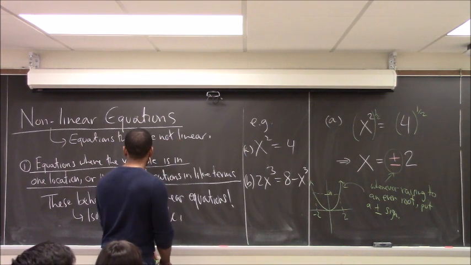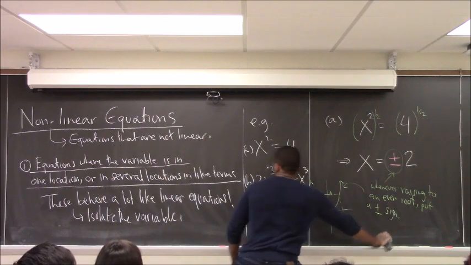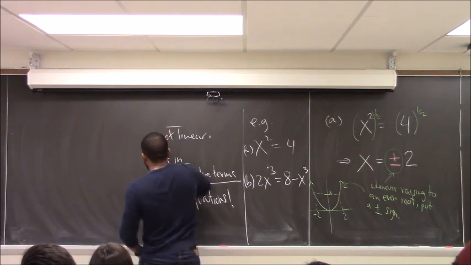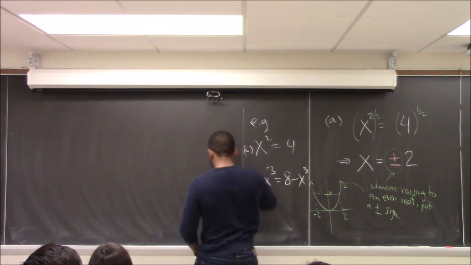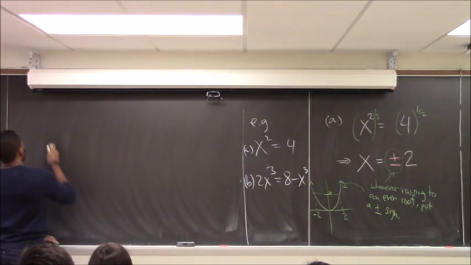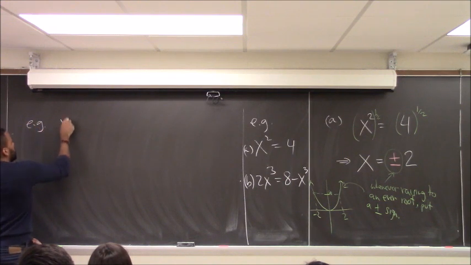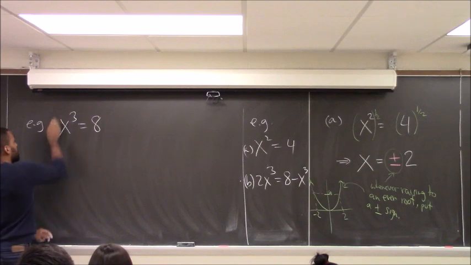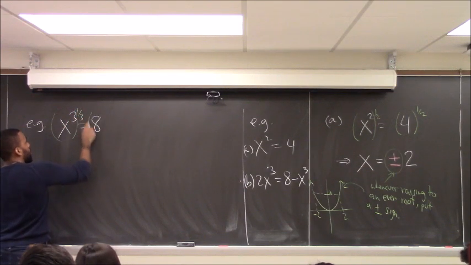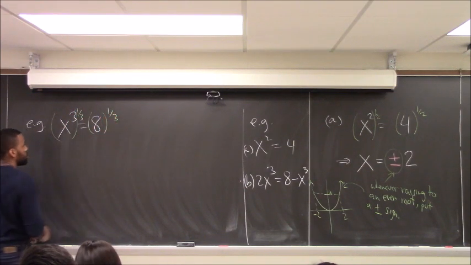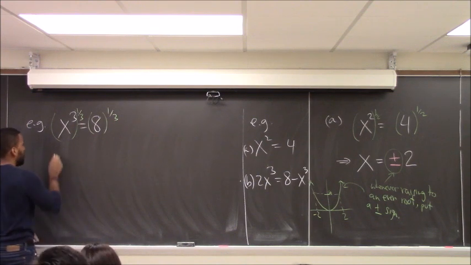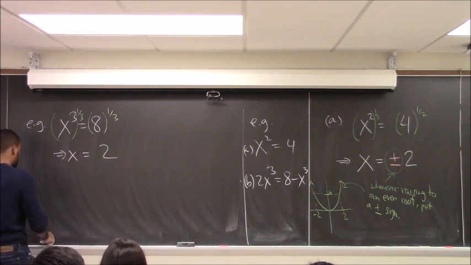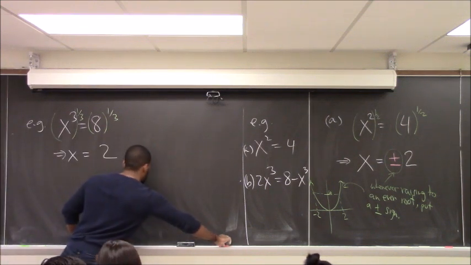Now, if you have to raise something to an odd root, you don't have to worry about this. So like x cubed equals 8, I can again raise both sides to a power, which is in fact a root, the cube root. That will leave me with x equals 2. We do not need the plus or minus.